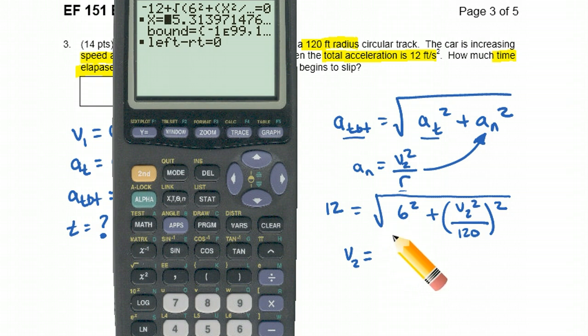So that tells me that it starts to slip when my velocity is 35.31 feet per second.